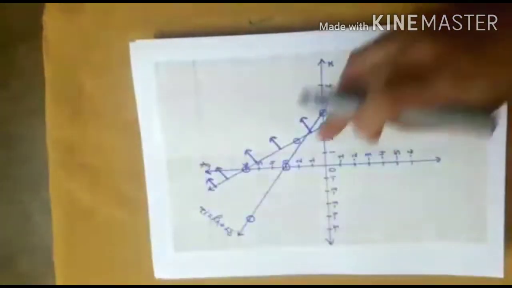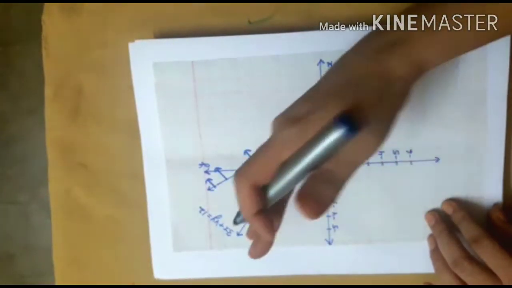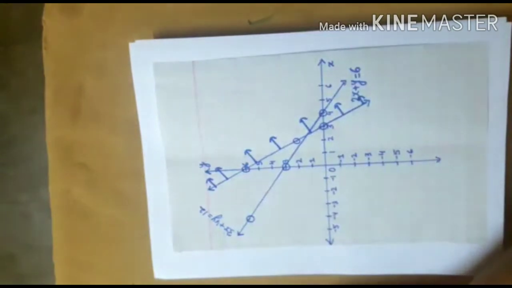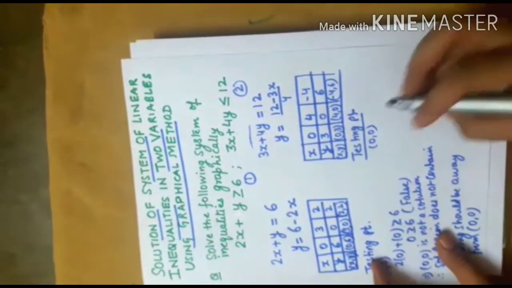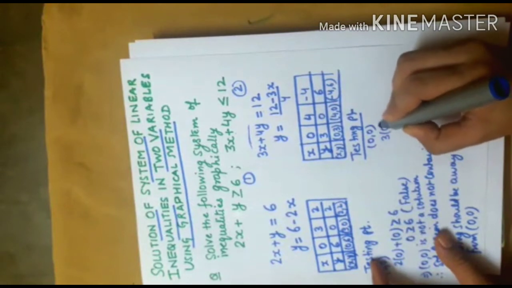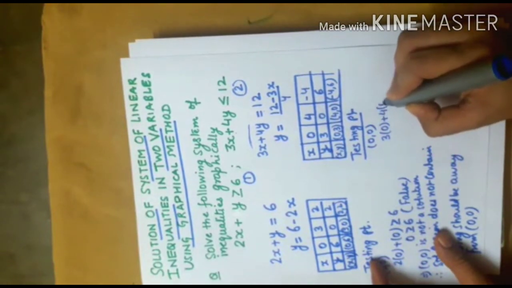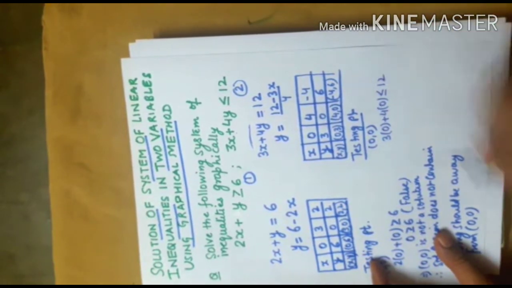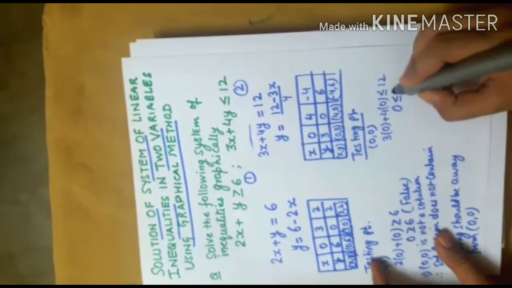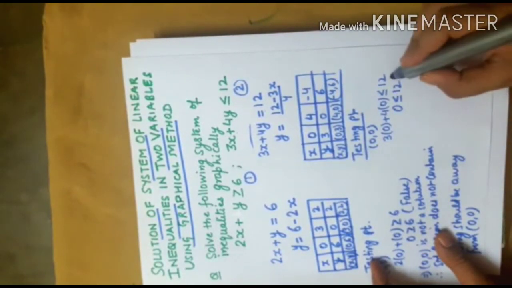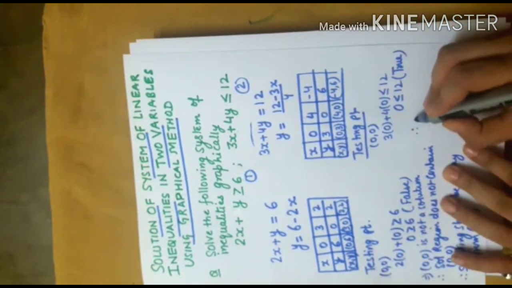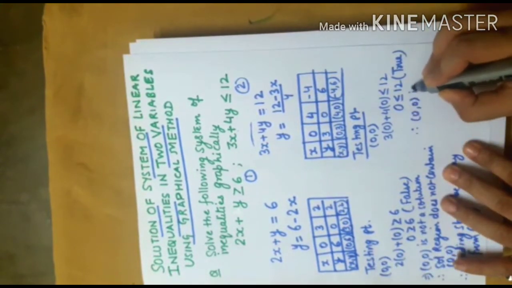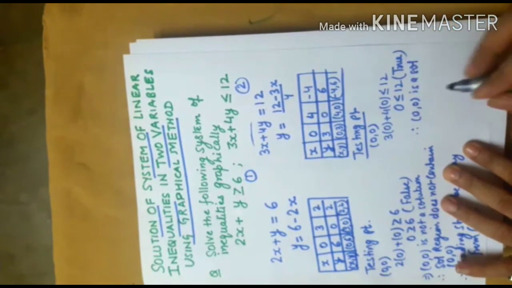As 0, 0 does not lie on this line, I will take my testing point as 0, 0. So I'll get 3 into 0 plus 4 into 0 less than or equal to 12. I'll get 0 less than or equal to 12, which is a true statement. So therefore 0, 0 is a solution.